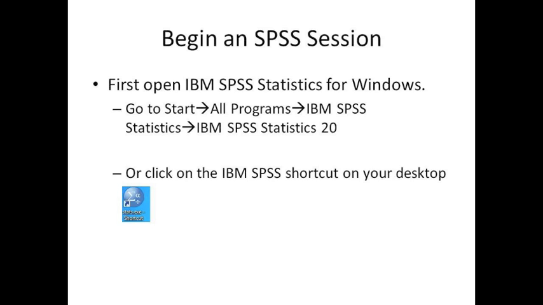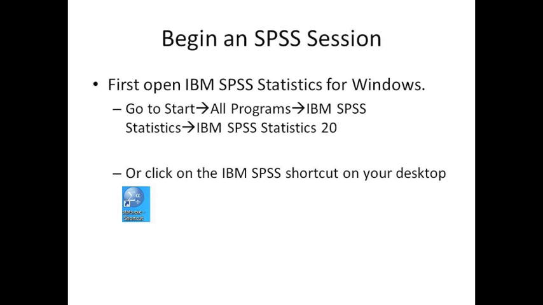On your laptop or your desktop, you can go to Start. That's the Windows icon if you are using the Windows operating system. Go to Start, All Programs, IBM SPSS Statistics, and then IBM SPSS Statistics 20, because that's the version I'm using on my laptop.